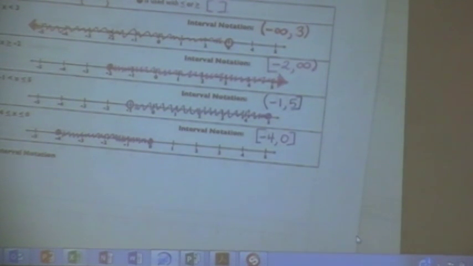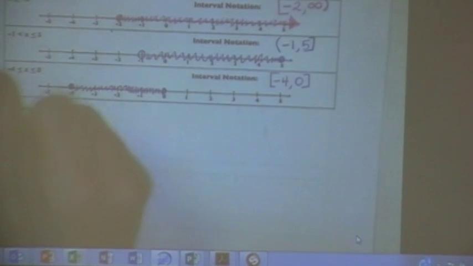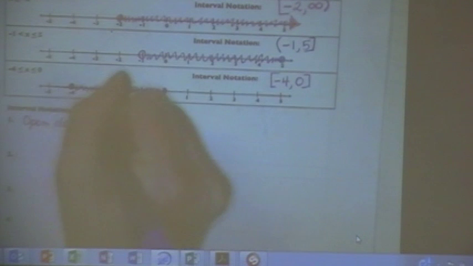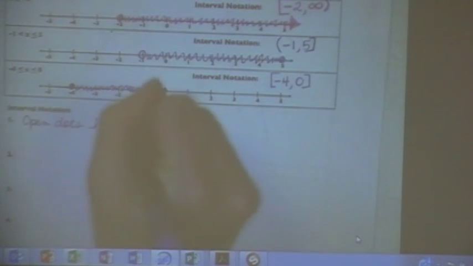All right, so let me give you a few little things to remember about interval notation. So that's it, like how easy is that? So interval notation, first thing you need to remember, open dots have parentheses.